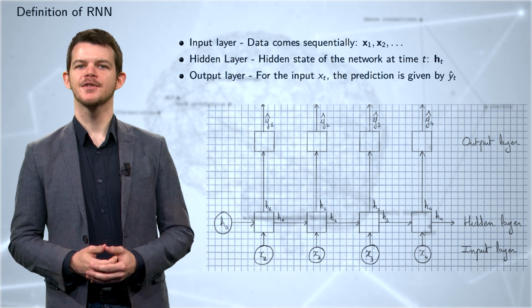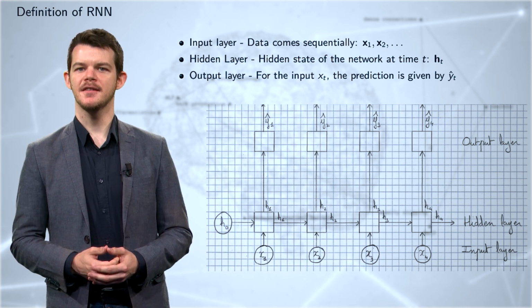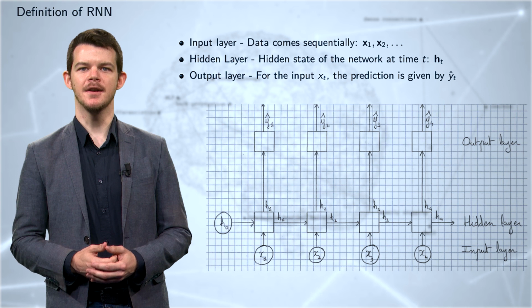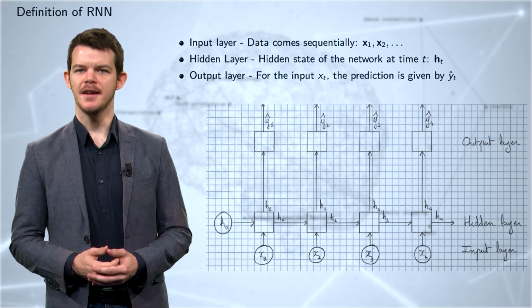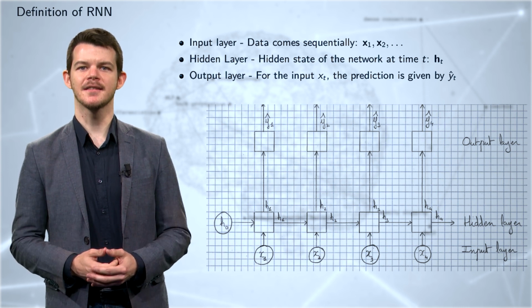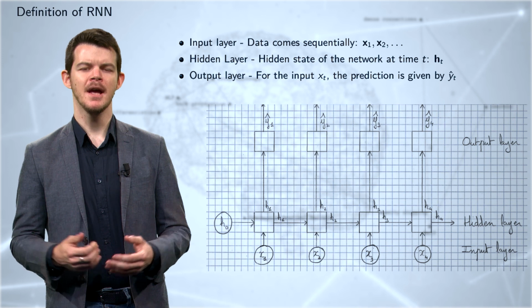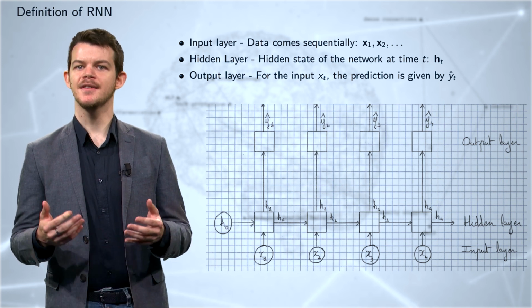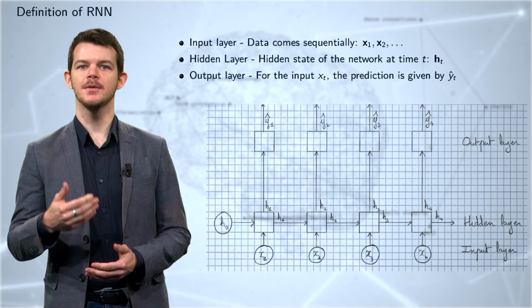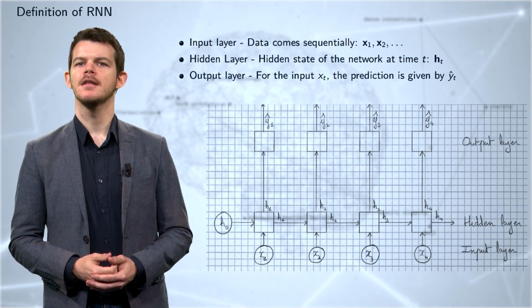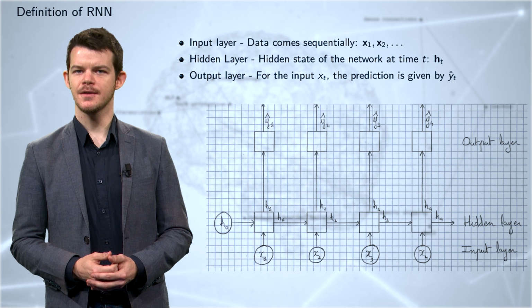We now introduce some notations to describe precisely how each neuron of the hidden layer operates. There is an initialization of the hidden state with H0. Then the first hidden state takes as input H0 and X1 and produces H1, which is fed to the next hidden state and to the output layer. The output layer produces predictions denoted by Y hat.